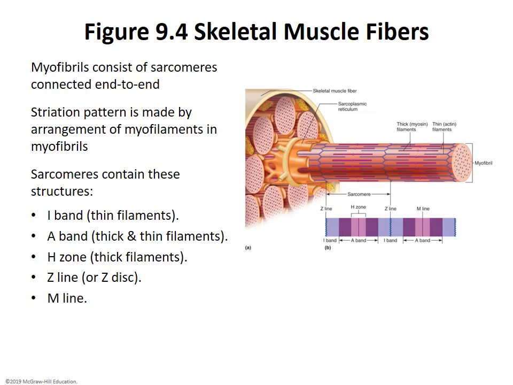Now, each one of these myofibrils has segments in them. If I was looking at a brick wall, each brick would be a segment inside the whole wall. So inside the whole myofibril, it's segmented out, and these segments are called sarcomeres.